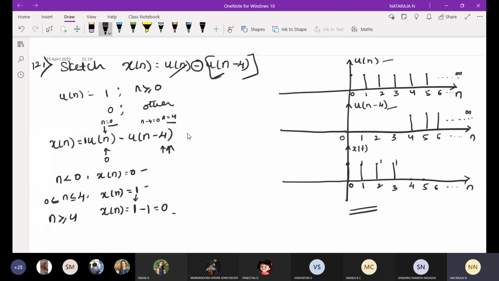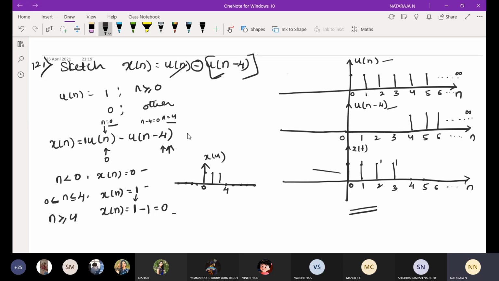What are the limits? If n is less than 0, we have 0, 0, 0, 0, 0. If n varies from 0 to 4, we will have 1, 1, 1. Then across 4 we have a 0.